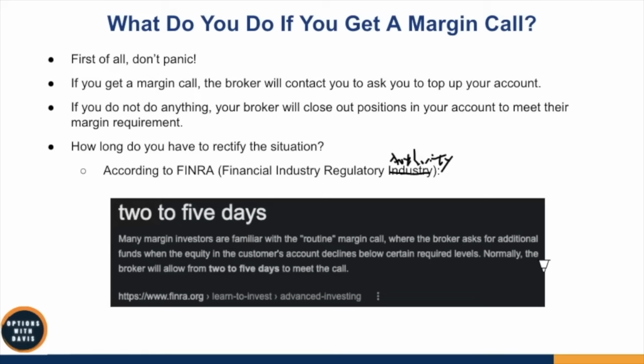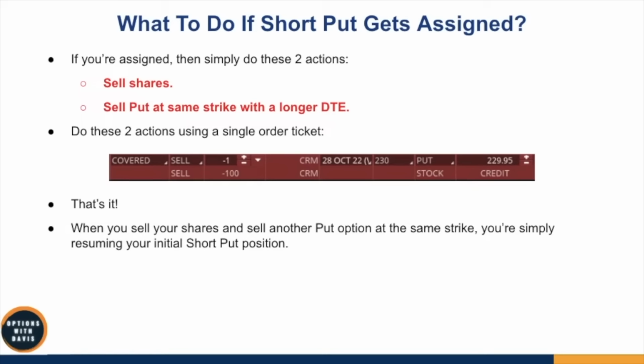So this is the time where you want to rectify your short put situation, or rather the 100 shares that you're long. If you are assigned on the short put, you simply have to do these two actions. You first sell off the 100 shares, and then you sell the put option at the same strike, but with a longer days to expiration. You need to sell off your 100 shares because now you are long 100 shares.